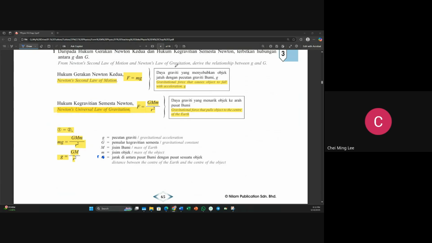Okay, so this is how the derivation comes about. So jot this down, together with the petunjuk as well, if you forget.